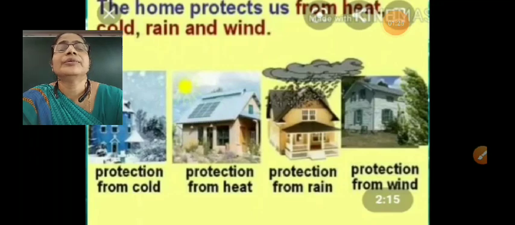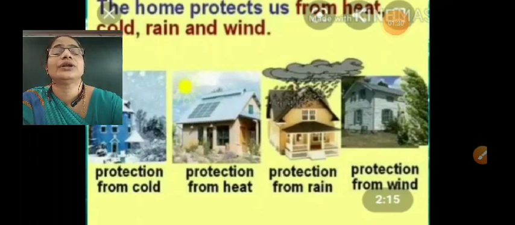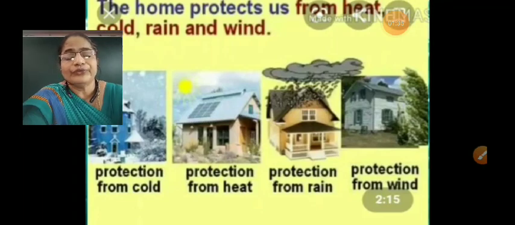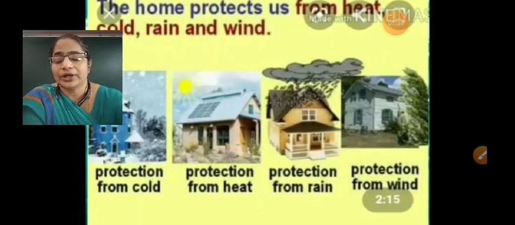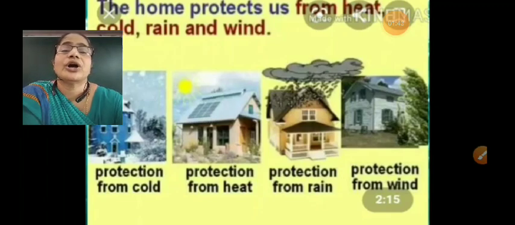Home means our house protects us from heat, cold, rain, wind and wild animals. And we feel safe in our house. When we sit in our house, we feel we are safe at home.